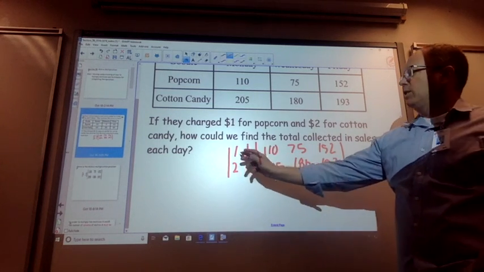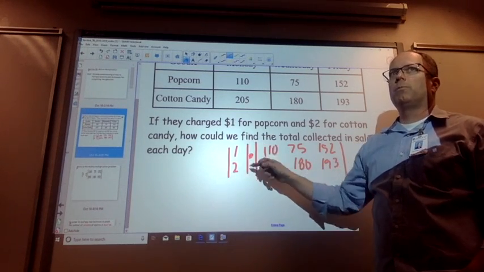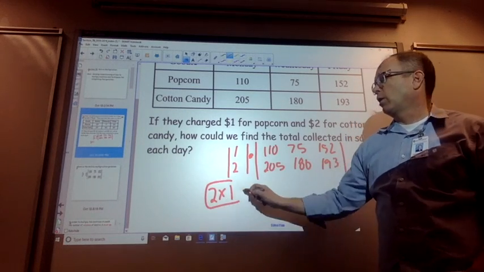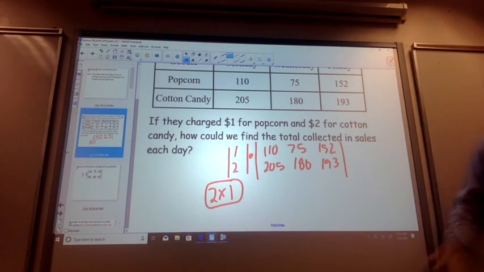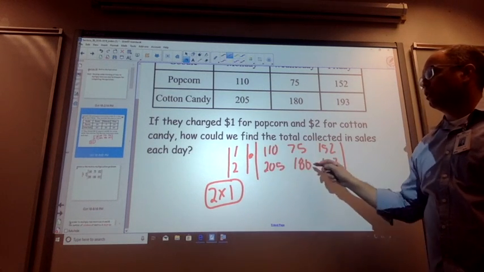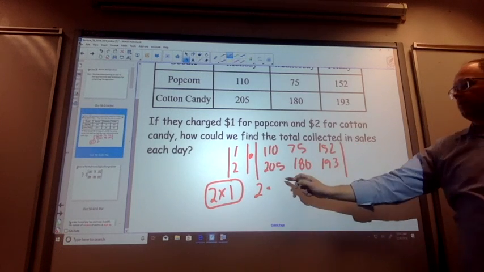So what is the dimension of this little matrix C right here? 2 rows by 1, so that's a 2 by 1. Does everyone agree with how I labeled that first matrix? What is this matrix right here? 2 by 3.